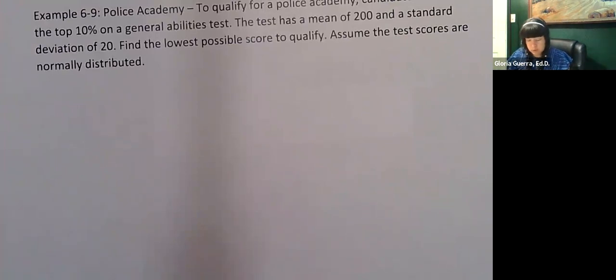Page 149. All right, now these are the ones where you're going to use that formula from the very first page.